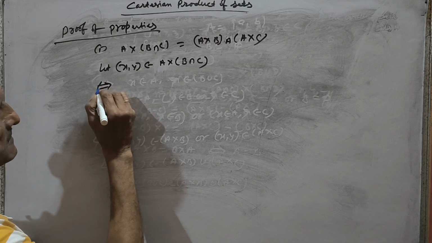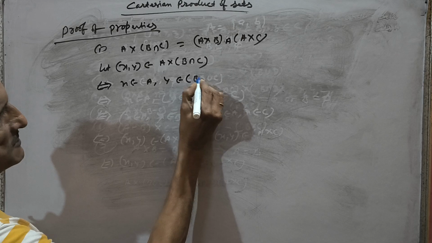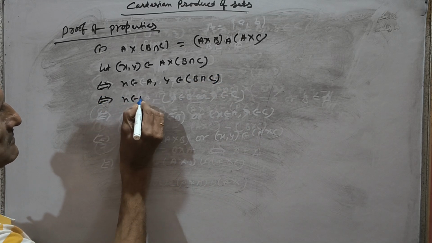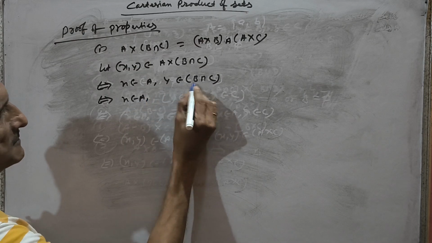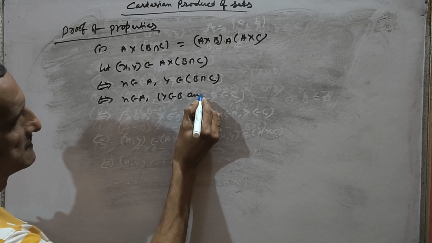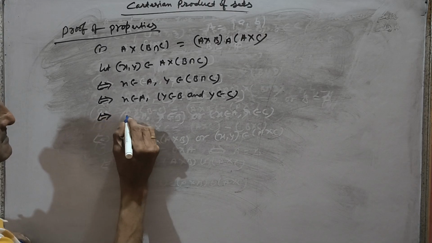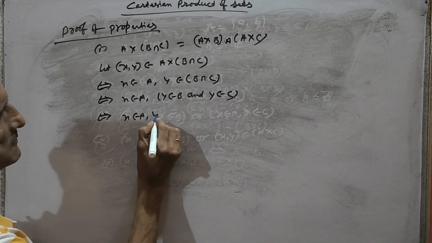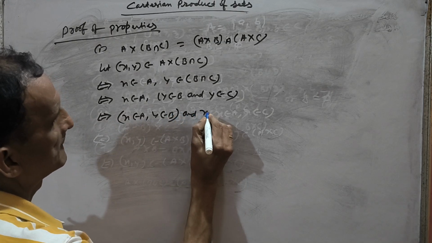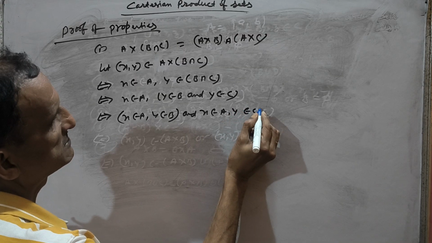Then the meaning is what? x belongs to A, y belongs to B intersection C. What is the meaning here? x belongs to A. Write the meaning of intersection: y belongs to B and y belongs to C. Then distribute: x belongs to A, y belongs to B, and x belongs to A, y belongs to C.